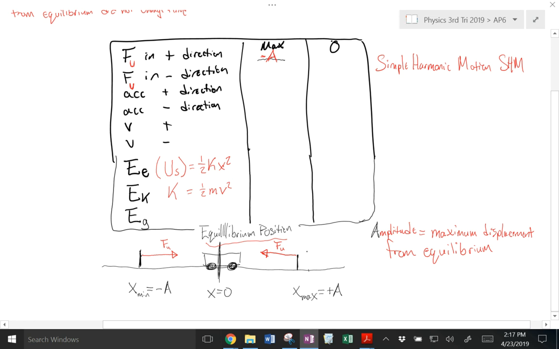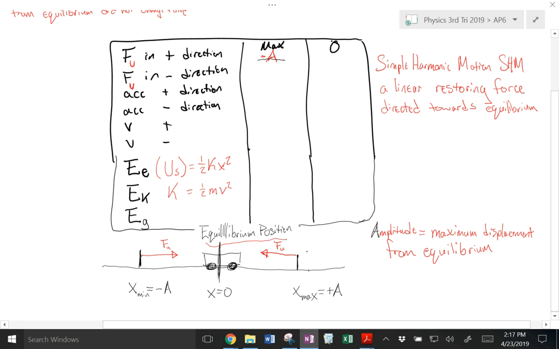So doubling the stretch doubles the force, tripling the stretch triples the force. But that's kind of a characteristic of simple harmonic motion, a linear restoring force. This is kind of redundant, but directed towards equilibrium.